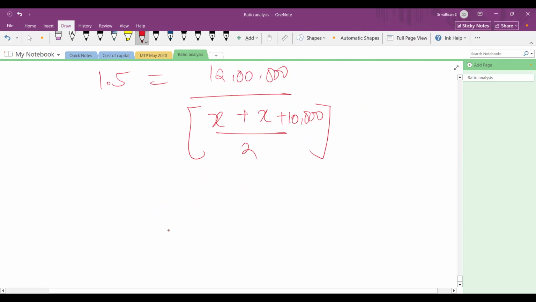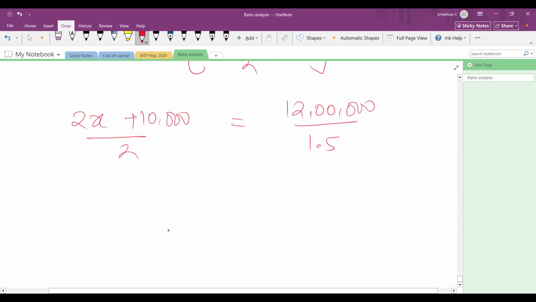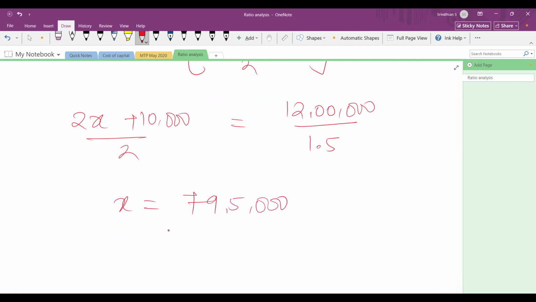So (2X plus 10,000) by 2 is equal to 12 lakh by 1.5. Solve it for X. What is the amount of X? 7,95,000. So this X is the opening stock.